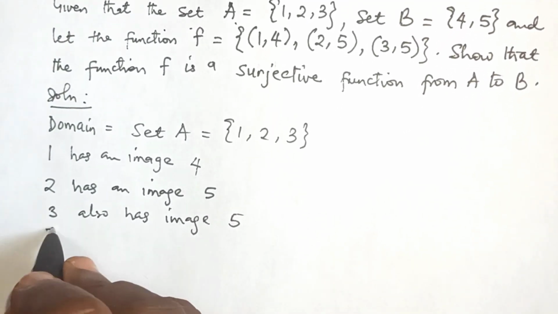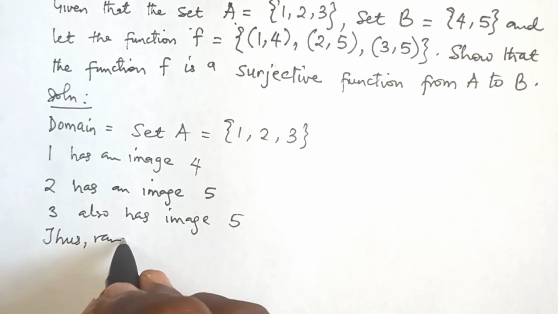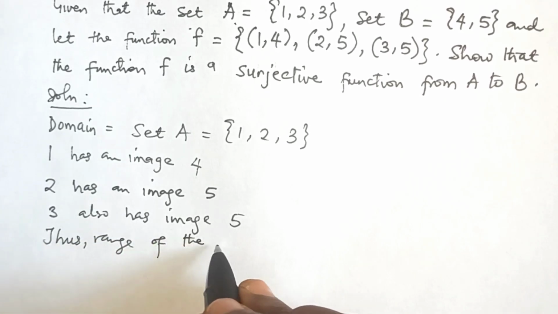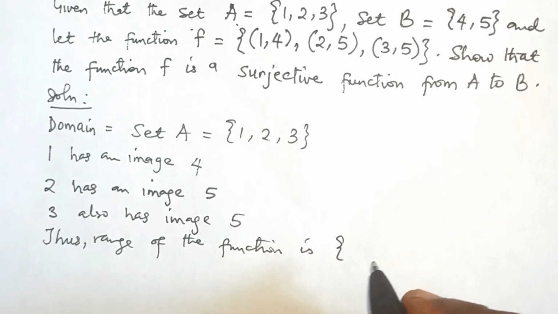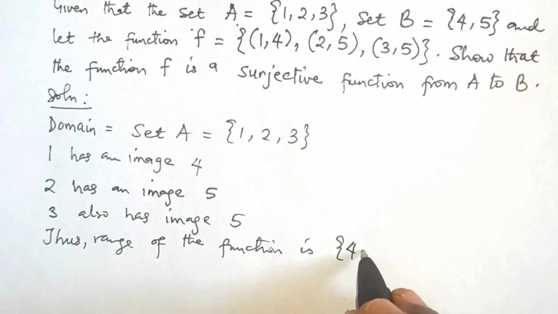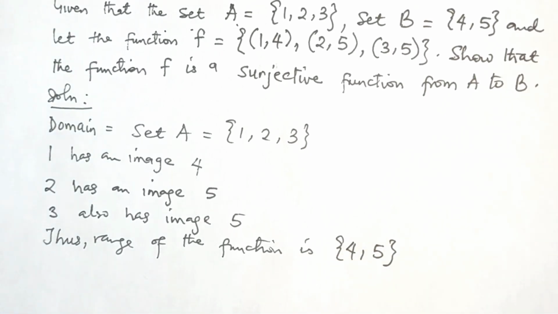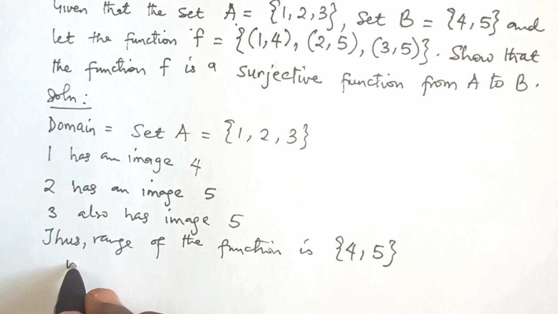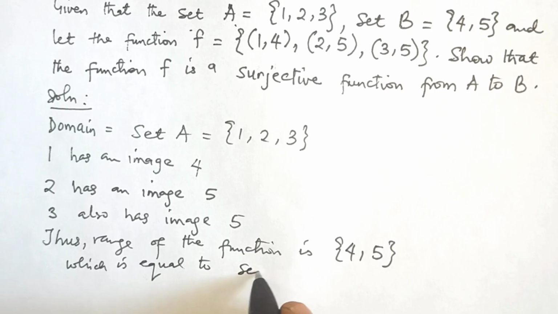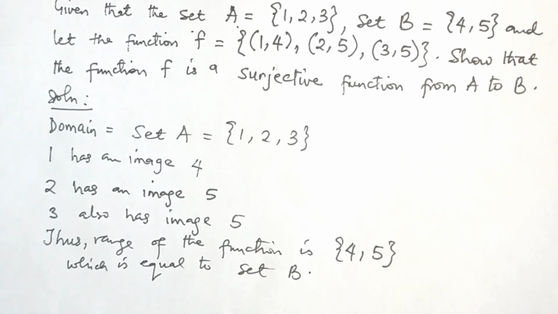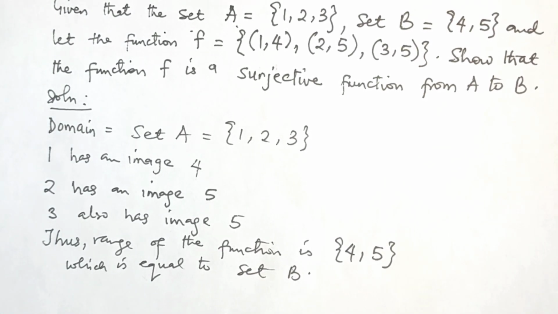Thus, the range of the function is the set of all image points, which is 4 and 5. And this is equal to set B. Recall that we said that a surjective function has the same range and codomain.